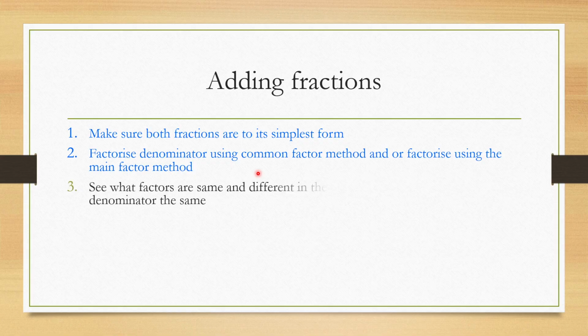See what factors are the same and different in the denominators, and make the denominators the same. When you're adding fractions, you have two denominators, one from the first fraction and one from the second, and you're comparing those two denominators, not the numerators yet.